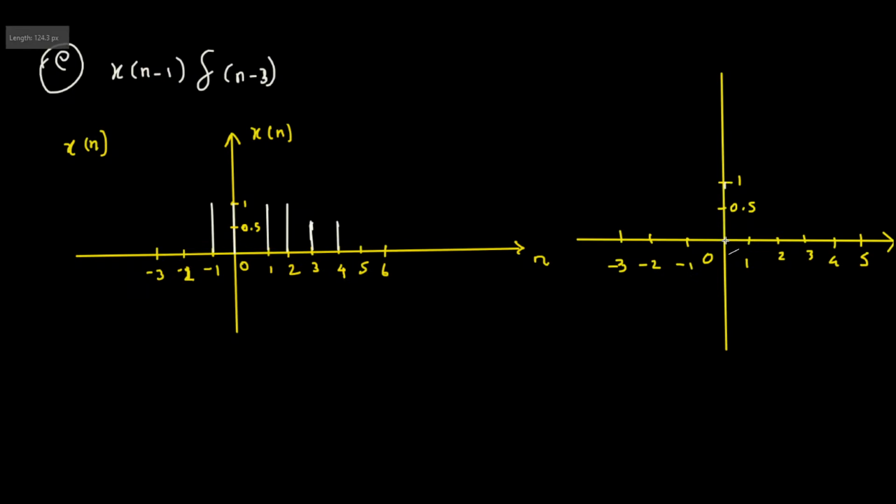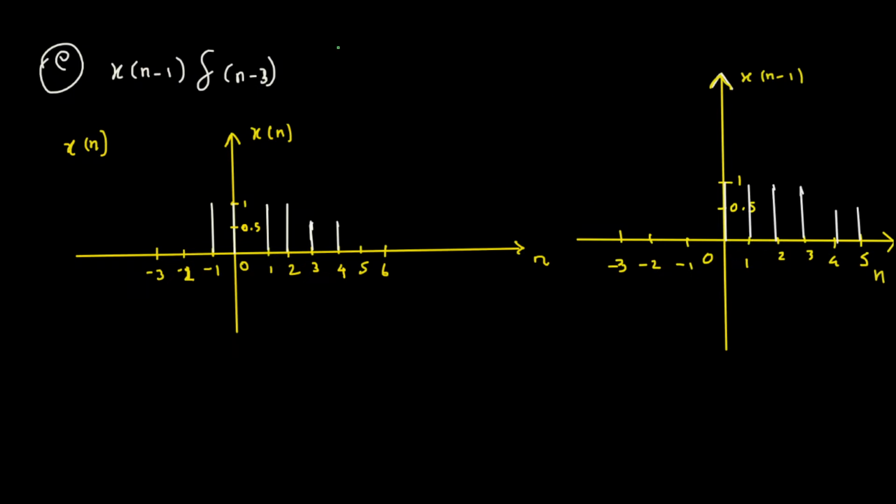So we're going to have a 1 at 0, and then 3 others also 1 followed by it, so 1, 2, 3, and 2 others followed by it are 0.5, appearing at 4 and 5. This is basically the x[n-1], and this is the n axis.